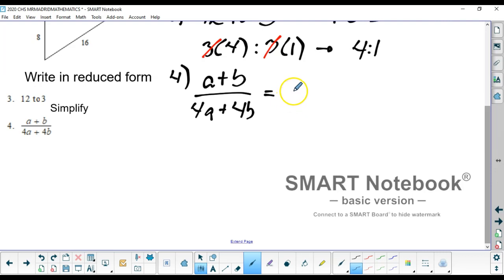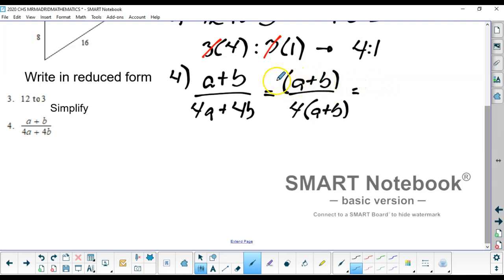If you stare at this long enough, you'll realize that you can't do much on top, but you do have a 4 in common, so let's factor that out. You'll see this expression equals this one.